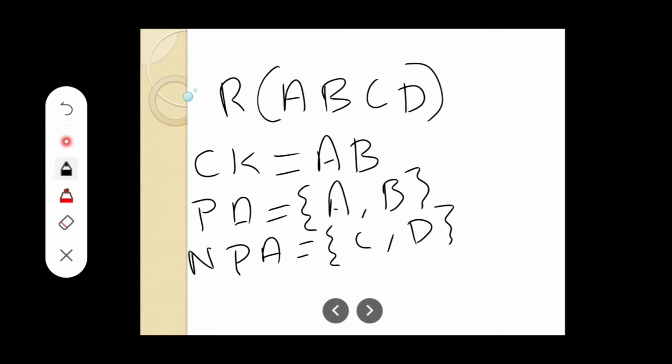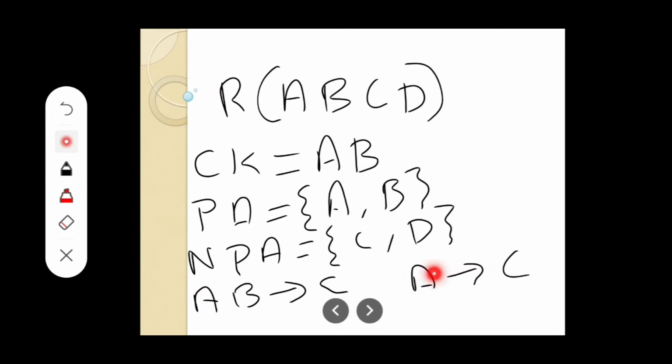Okay. Now consider a functional dependency: AB determining C, or another functional dependency, A determining C. Look here, A determines C. What is A?